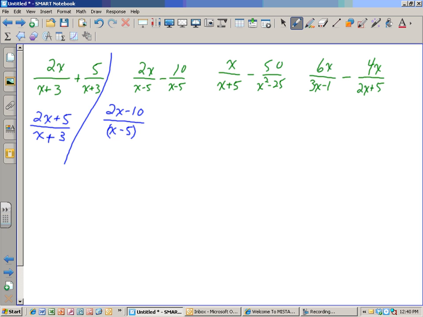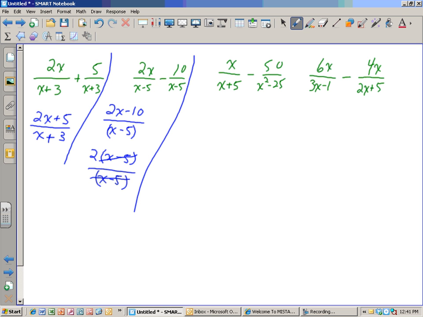You put that in parentheses. Factor the numerator, I have 2 times x minus 5 over the denominator. Top is factored, so I can cross off factors, reduce. So that's equal to 2. Right?